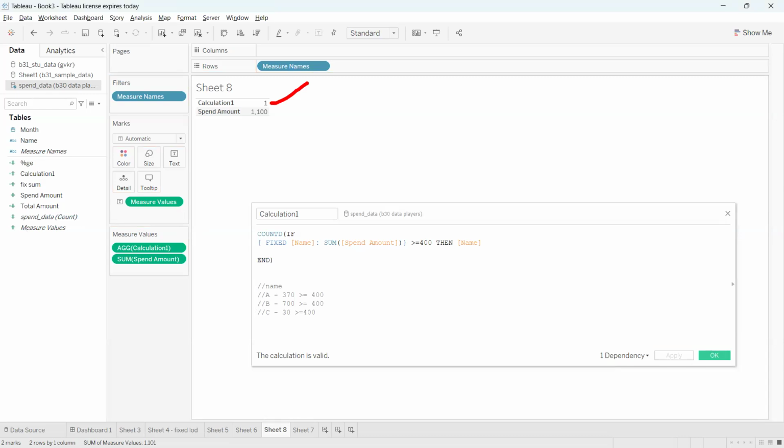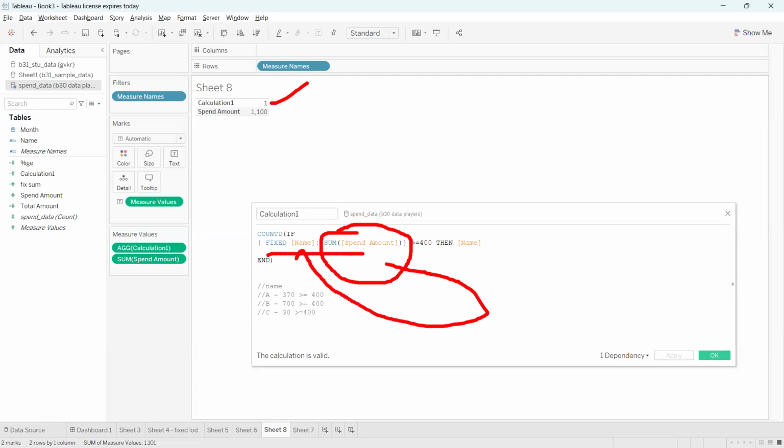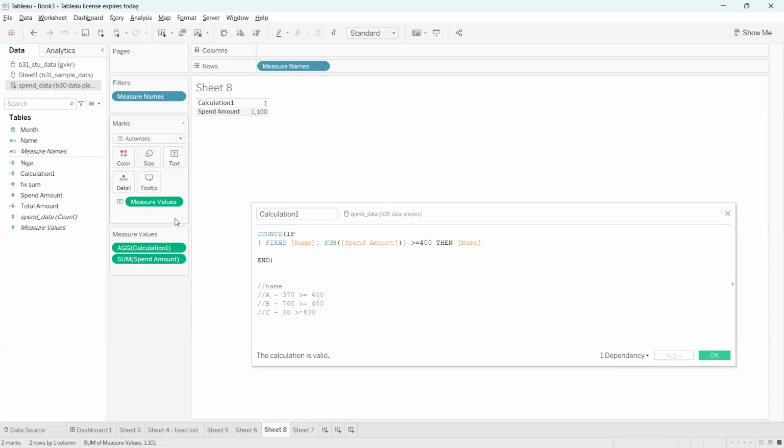In the interview, or in real time also, you can simply identify whether you want to use the fixed LOD or not. The users are referring a particular measure to a particular dimension here. For each and every person, they want to do the sum of spend amount. Hope that you understood that.